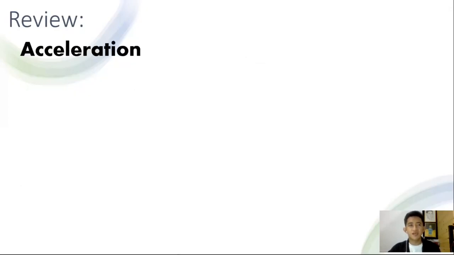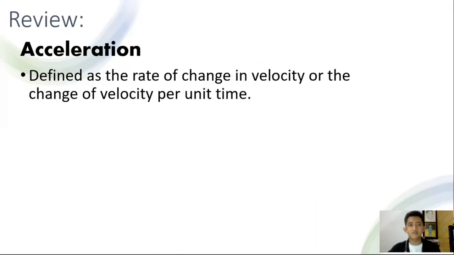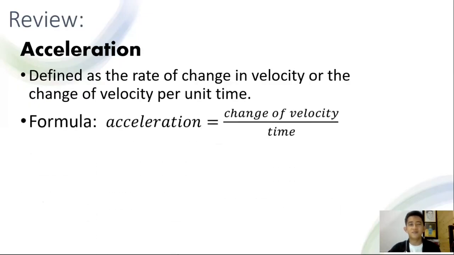Acceleration. Acceleration is defined as the rate of change in velocity or change of velocity per unit time. Sabihin, pag nagbago ang velocity ng umaandar na sasakyan o umaandar na bagay, you have acceleration. It's either bumibilis o bumabagal. Formula for acceleration.